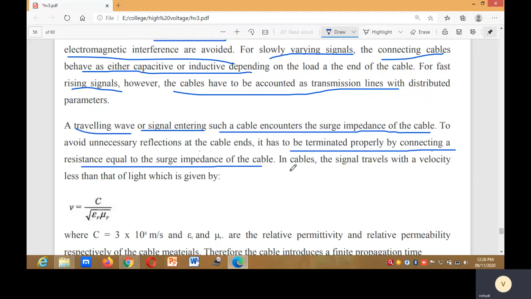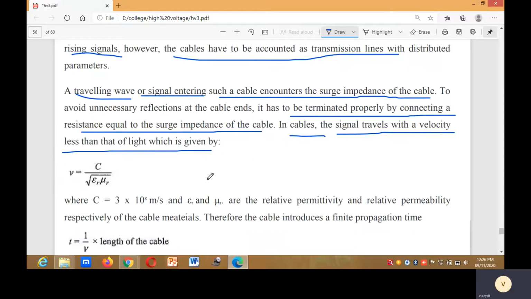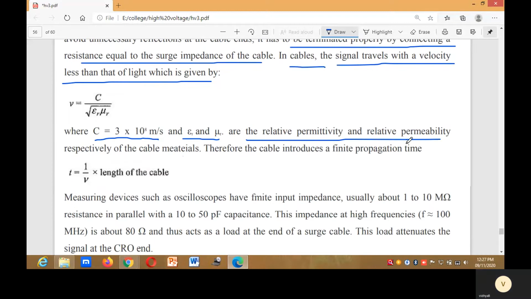In cables, the signal travels with a velocity less than that of light, given by V equals C divided by square root of epsilon r mu r, where C equals 3 into 10 to the power of 8 meters per second, and epsilon r and mu r are the relative permittivity and relative permeability.